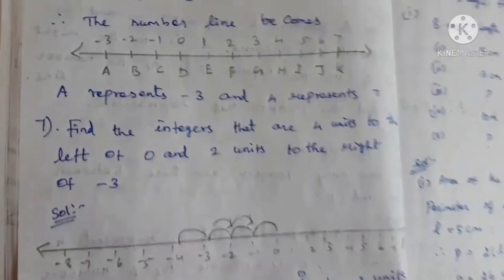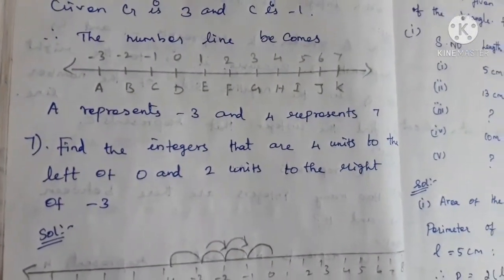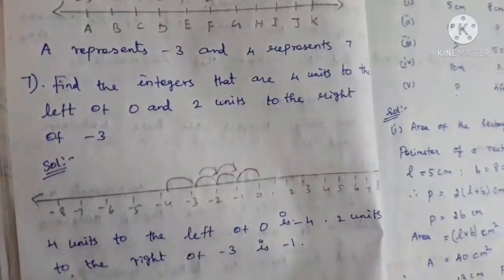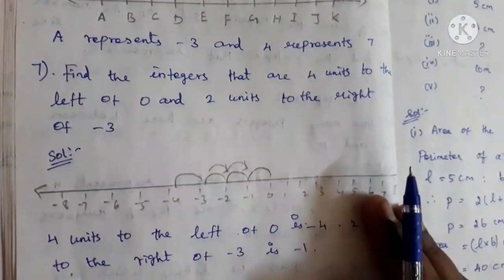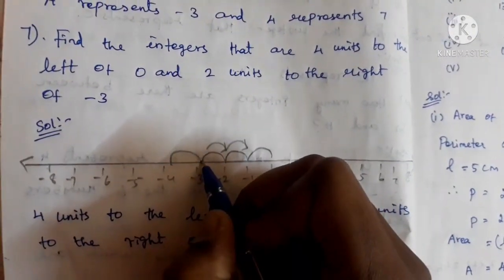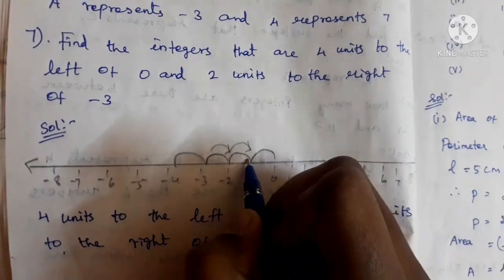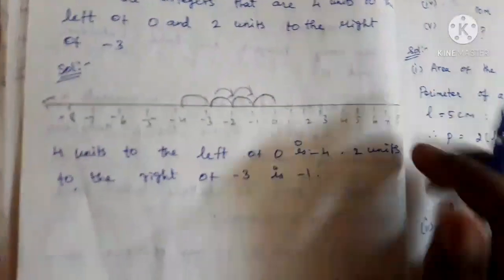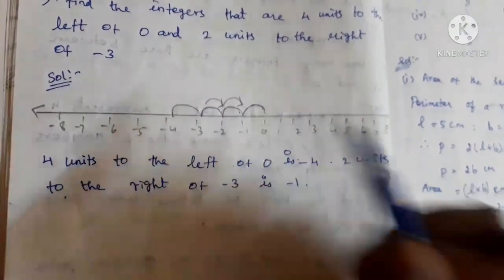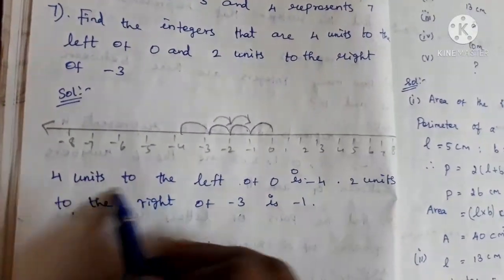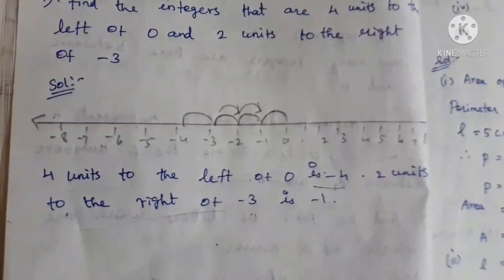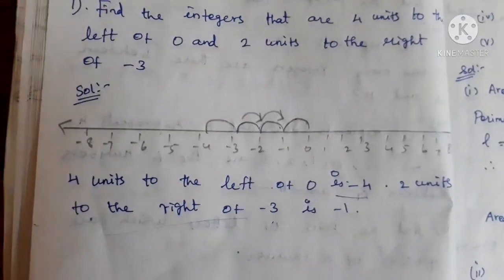Find the integers that are 4 units to the left of 0 and 2 units to the right of -3. 2 units means 1, 2. 4 units from 0 is 1, 2, 3, 4. So the answer is: 4 units to the left of 0 is -4, and 2 units to the right of -3 is -1. Like that you should write the answer.